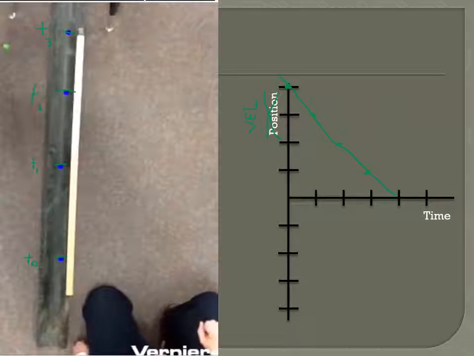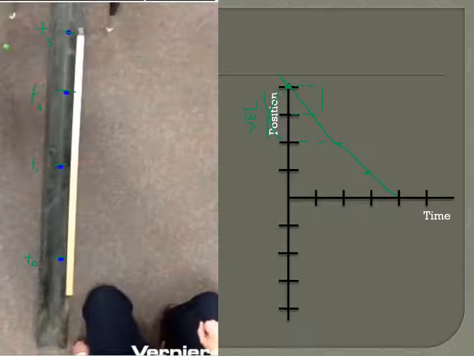A diagonal line, which shows me that my velocity is changing, but it turns out that it changes in equal amounts every second. Notice that the vertical distance, from here down to here, is the same as this one.